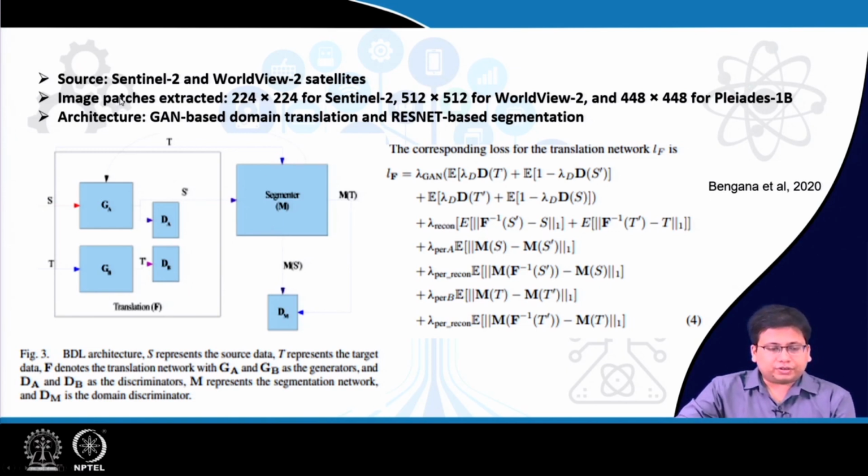The different image patches that are extracted are of different sizes in this case, depending on which satellite is being used. The architecture has this domain translation, which is done again using a generative adversarial network which we discussed just now.